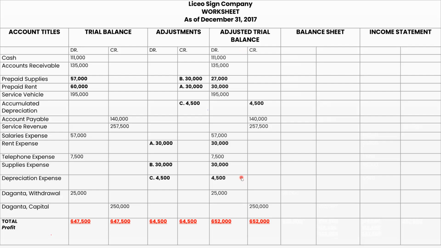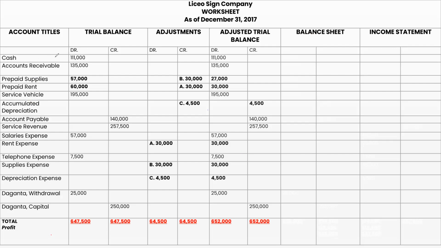Now, my question: what did I say earlier, that there are 3 things to remember when you make your balance sheet? What are the 3 elements? Your assets, your liabilities, and your owner's equity. If you're doing it with a worksheet, it's really easy because you just move it. Remember the composition of the balance sheet: assets.